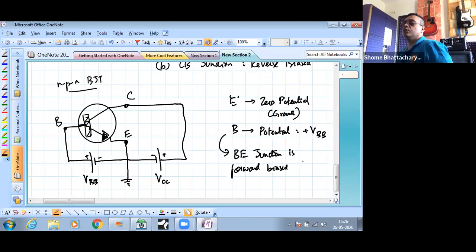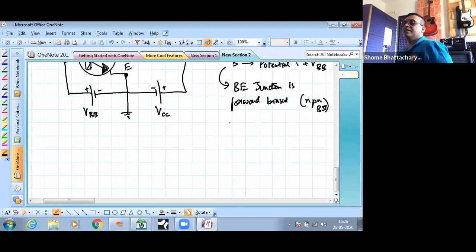Because remember, here we are talking about an NPN type bipolar junction transistor. The base is the one which is the P type. Now the collector pin is at a potential of VCC. So as long as VCC is greater than VBB, that means the collector base junction is reverse biased.